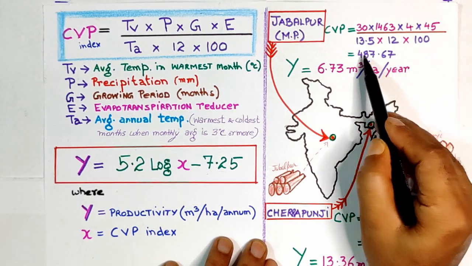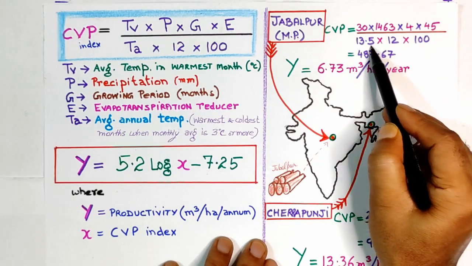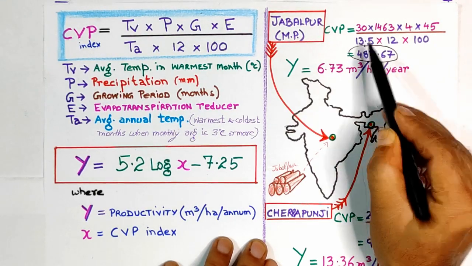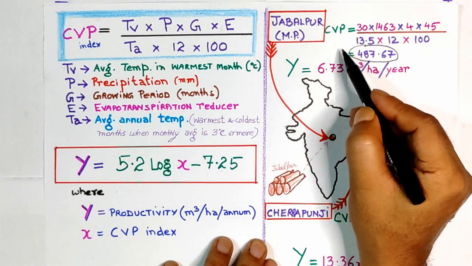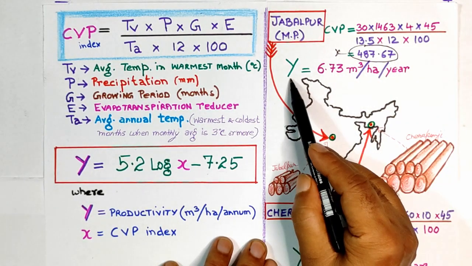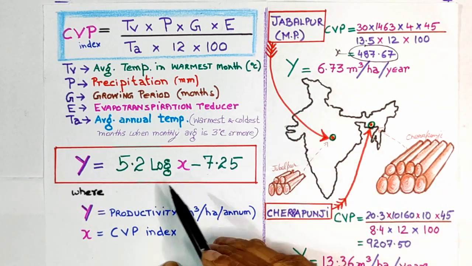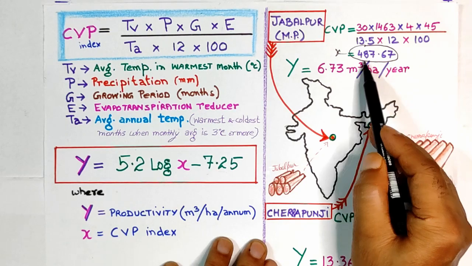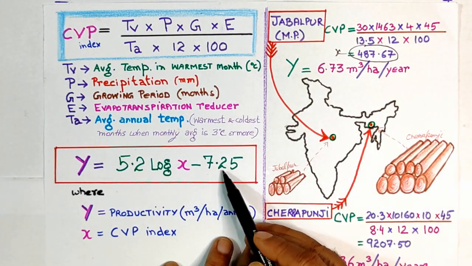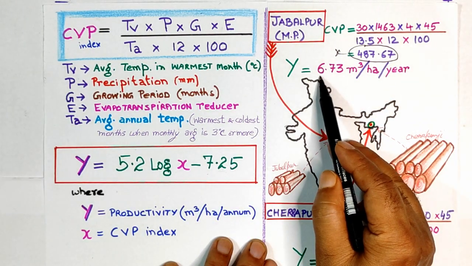We get 487.67. Now this 487.67 is X. So we'll put it in the formula: Y is equal to 5.2 log of 487.67 minus 7.25. How much potential productivity do we get?